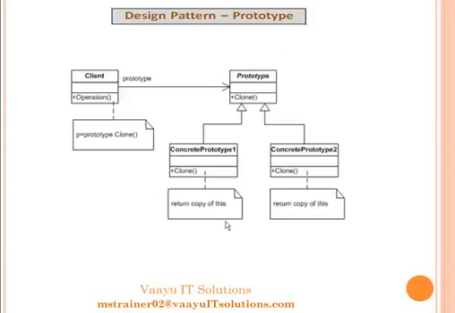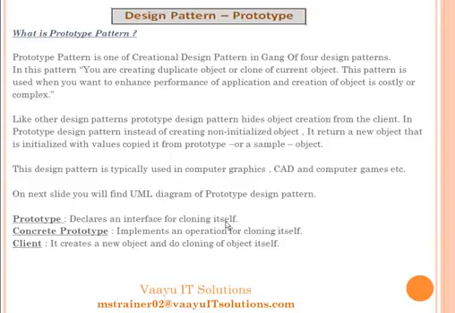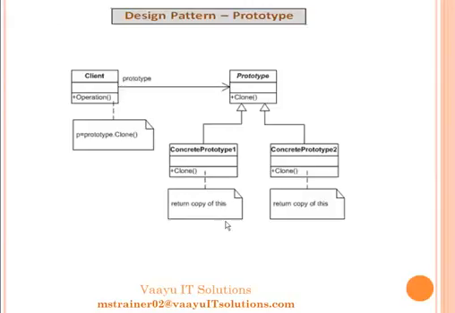The concrete prototype implements the operation declared in the prototype, that is, it implements the operation for cloning itself. The client creates a new object by cloning an existing object. This is the UML of the prototype pattern.